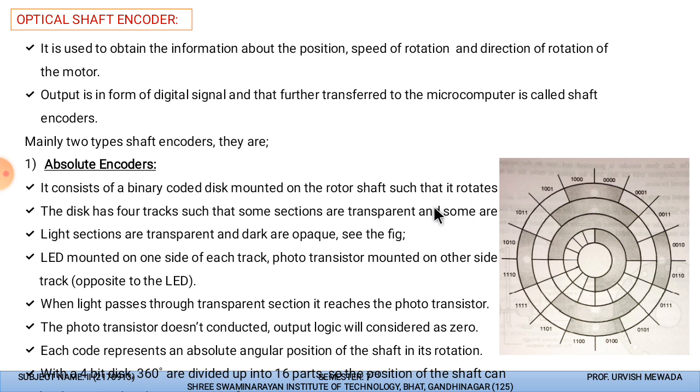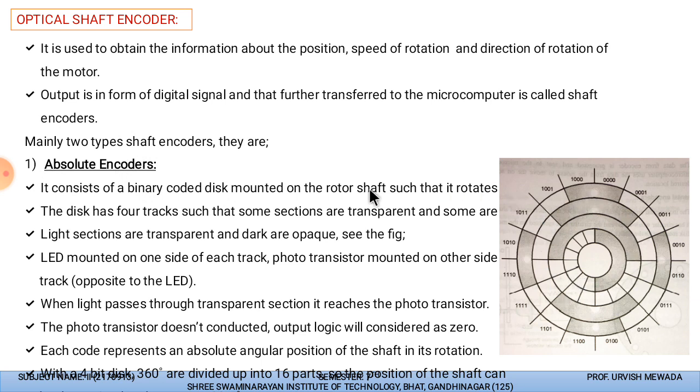So basically the output is in the form of a digital signal, and that is further transferred to the microcomputer; this is called the shaft encoder. Mainly we have two types of shaft encoder. So first is the shaft encoder transducer. This is the diagram of the plate which we mount on the shaft of the motor.